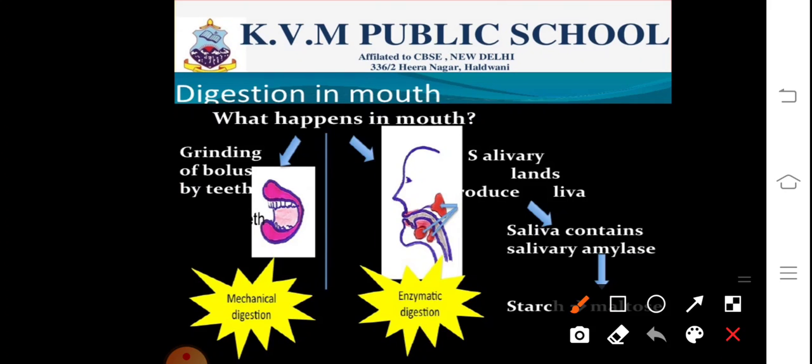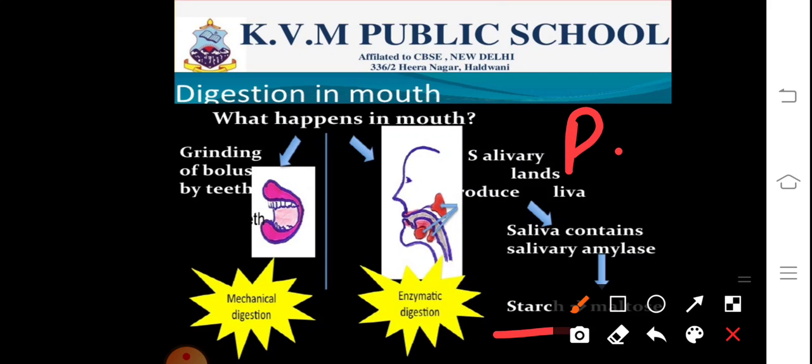Talking about the digestion in the mouth, the majority of the carbohydrate gets digested in the mouth itself. Now the saliva mixes with the starch, which is a polysaccharide.